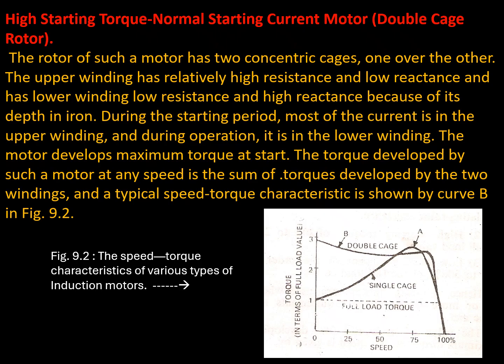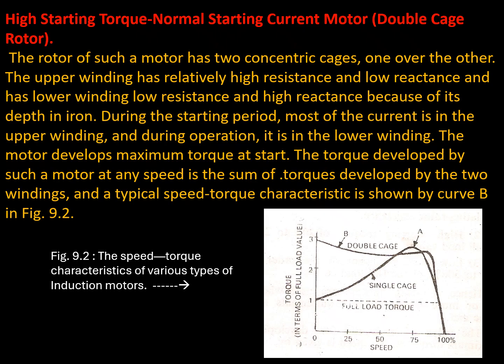The upper winding has a relatively high resistance and low reactance, and the lower winding has low resistance and high reactance because of its depth in iron. During the starting period, most of the current is in the upper winding, and during operation, it is in the lower winding.